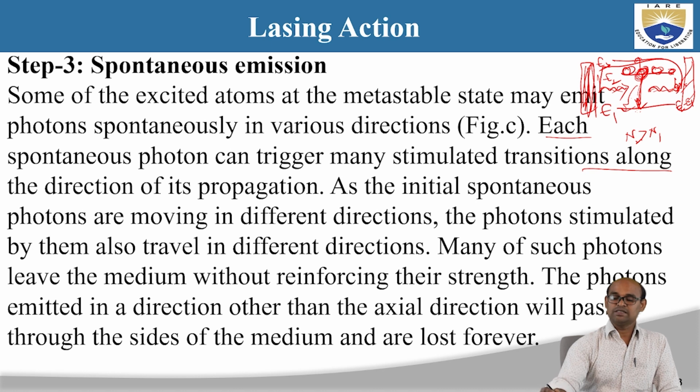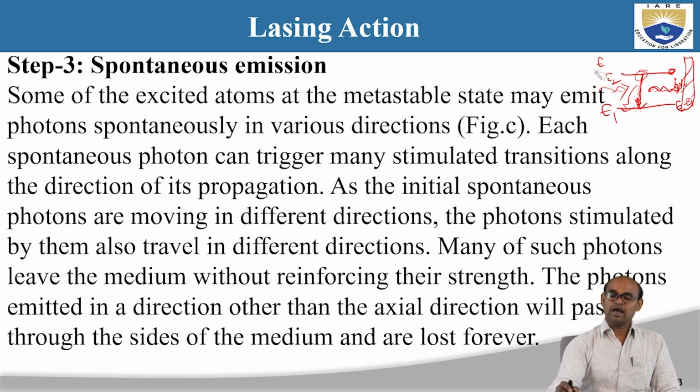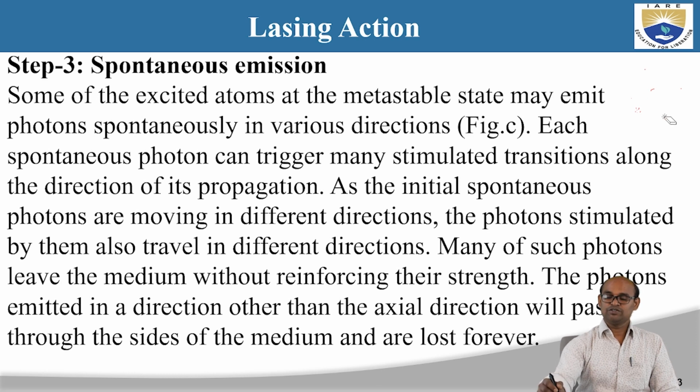That photon is used as an input photon that can trigger stimulated emission. If you do not have spontaneous emission, you don't have any photons present in the system, and there will be no stimulated emission, right? If you want stimulated emission, there should first be a spontaneous emission.